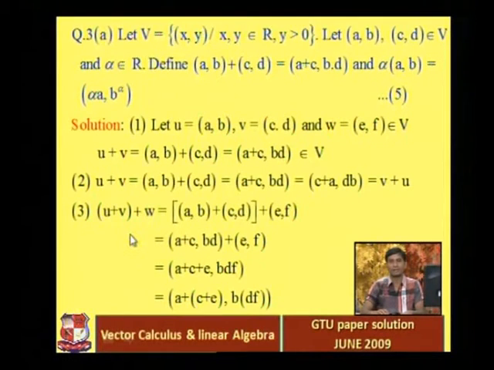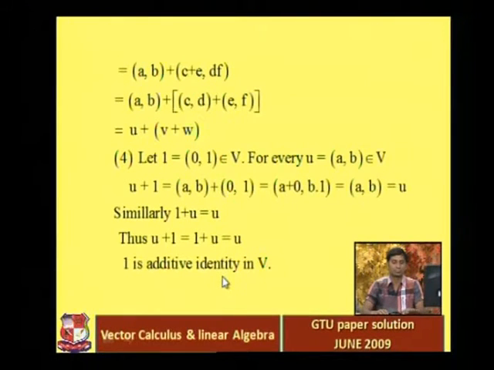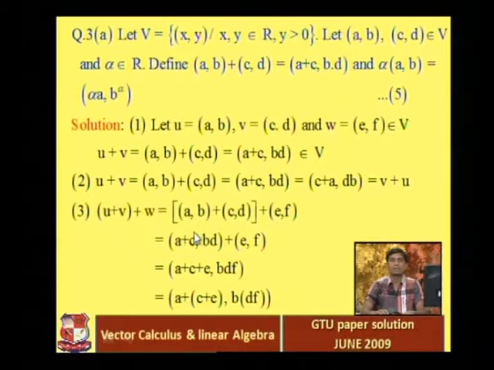Now next one, u plus v plus w is equal to (a,b) plus (c,d) plus (e,f). Just see these steps, you can easily understand. Using our definition on the first bracket, we can write (a plus c, bd) plus (e,f).